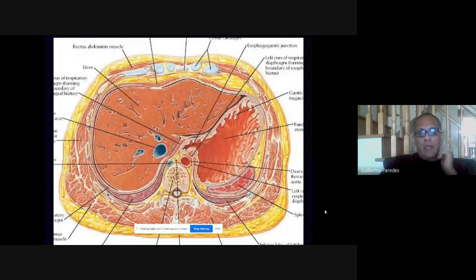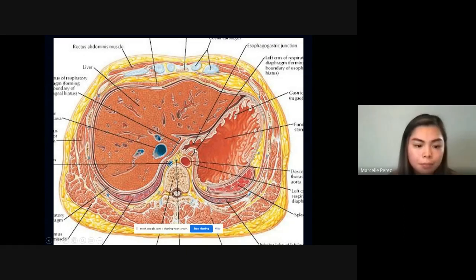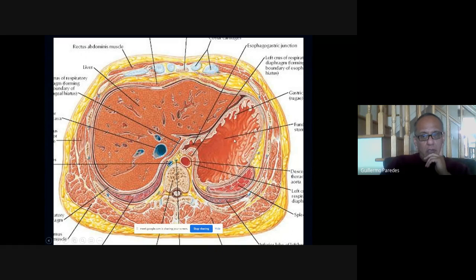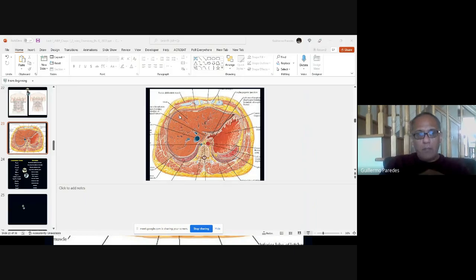All right, so this is the liver, correct? This is the stomach. This is the spleen. This is the vertebra. This is the aorta. This is the azygos, the inferior vena cava, hepatic veins, portal veins, etc. So this image is different if I put it this way.